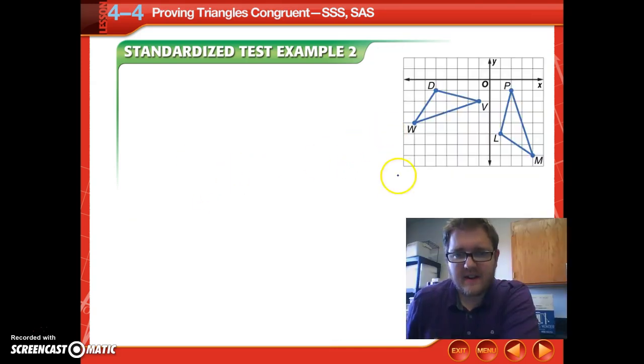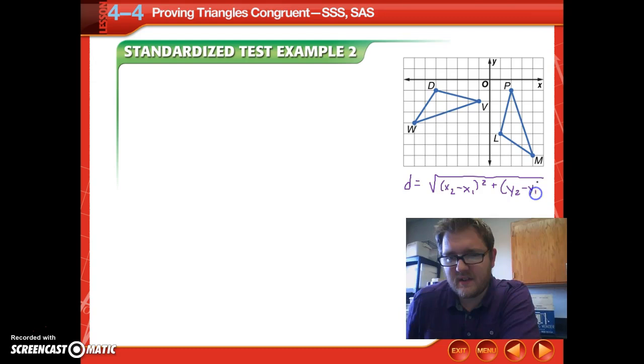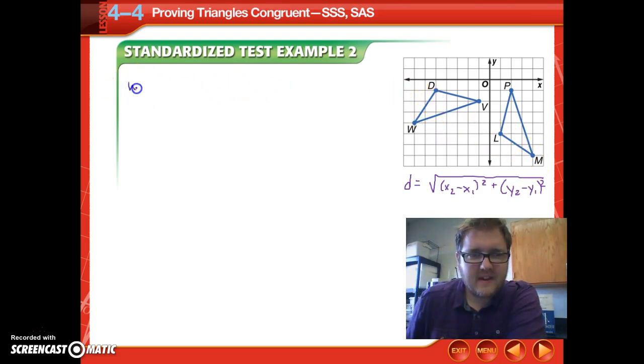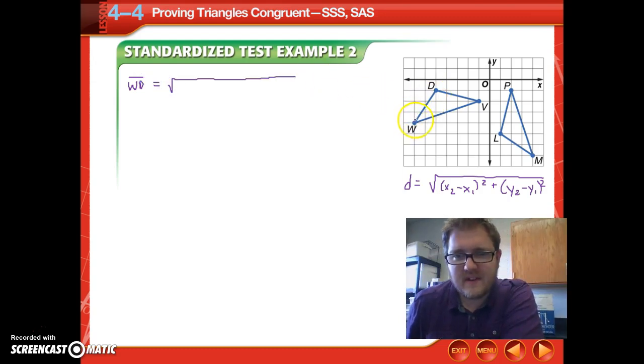So as you can see in the graph, we can use the distance formula. d equals the square root of the difference in my x values squared plus the difference in my y values squared. If we're thinking WD is congruent to LM, let's find the length of WD.